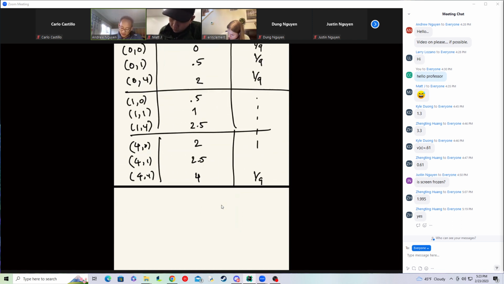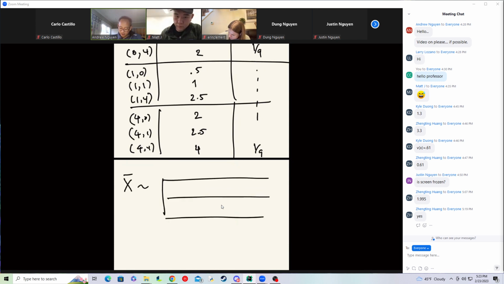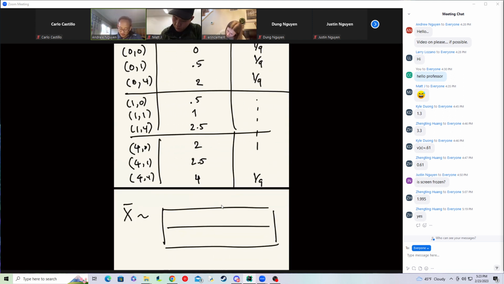Okay, so I'm going to combine everything here to get the distribution table for the sampling distribution of X bar. What are the possible values? 0, 0.5, 1, what else? 2. Do we get 1.5?